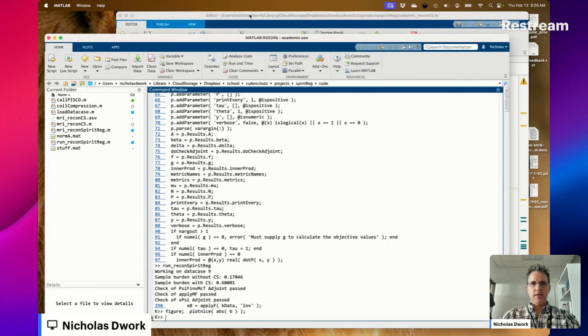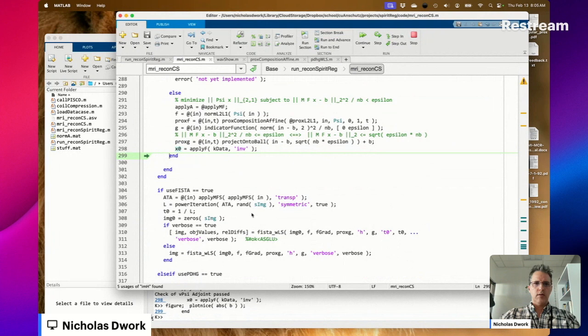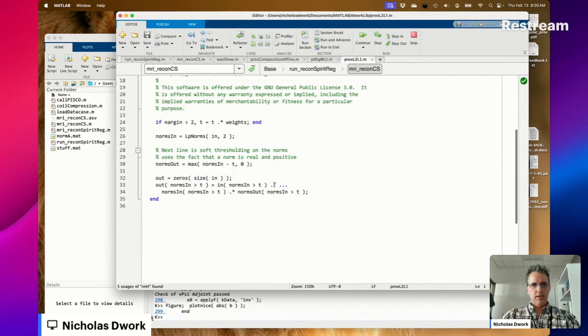B is not 0 for any coil? Is it the prox of L2L1? No, we've already dealt with this.